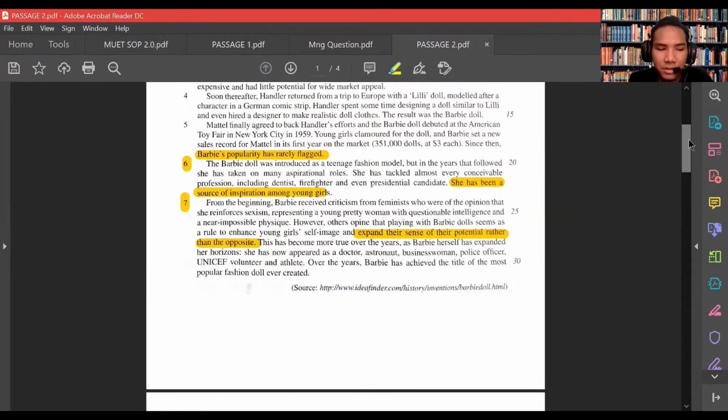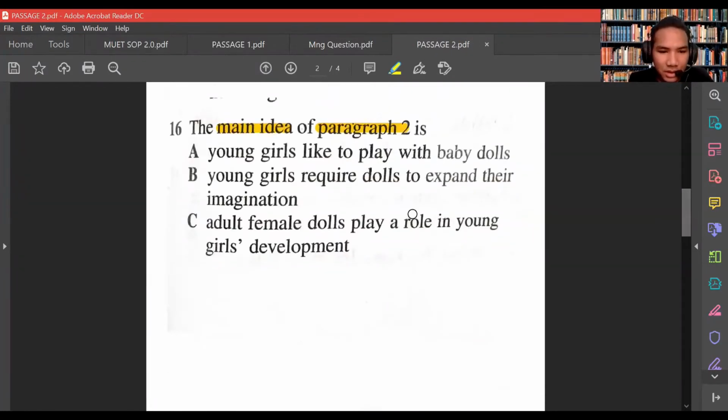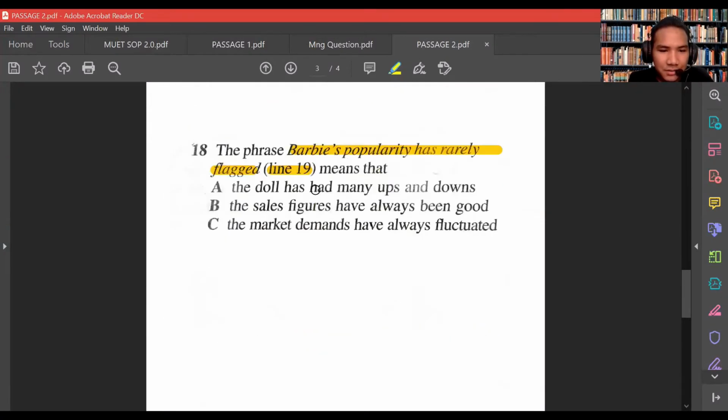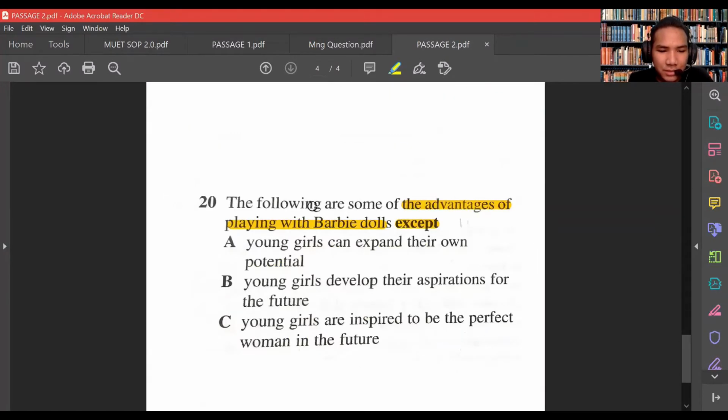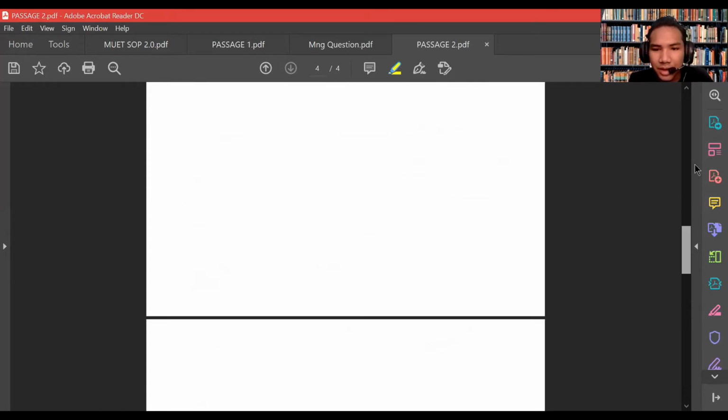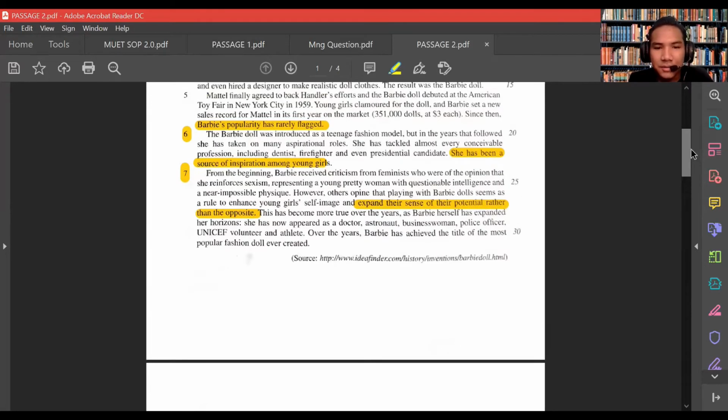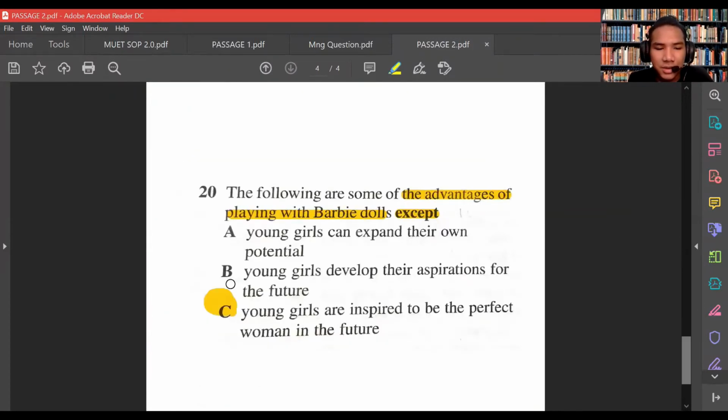Therefore, we can conclude here that the answer for question 20 is C, as both A and B are present in the text and are facts, as they have been mentioned in the text, whereas we can't find any keywords of C in the text.